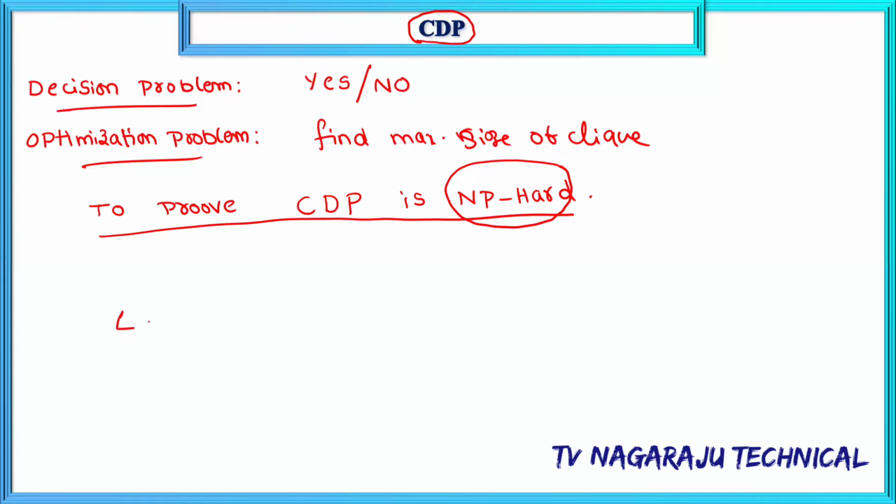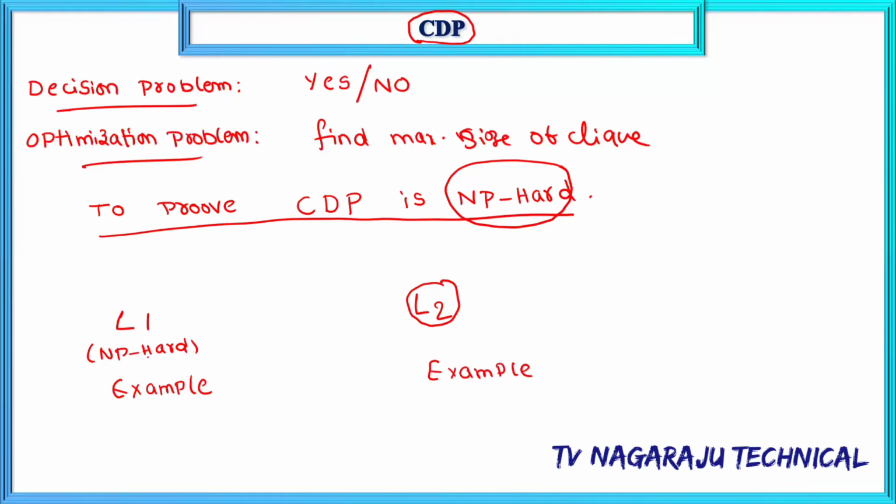Assume I have one problem, L1. Assume L1 is already an NP hard problem. That means I take an already known NP hard problem, and I am taking one example of it. Now, consider another problem L2. I don't know whether L2 is NP hard or not. My aim is to prove L2 is NP hard. For this L2 also I am taking one example.